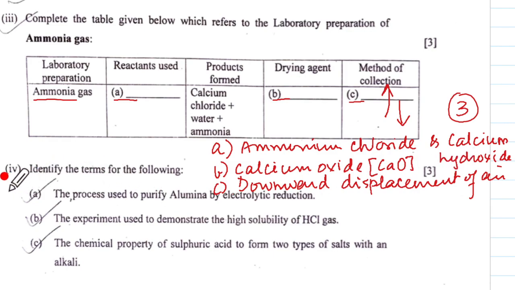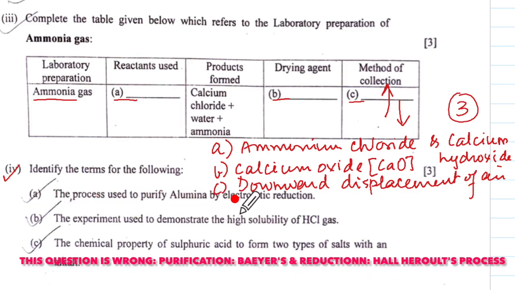Let us come to the fourth part. Identify the terms for the following. The process used to purify alumina by electrolytic reduction. By electrolytic reduction, when we purify, will it be Bayer's process? What does Bayer's process do? It purifies bauxite.